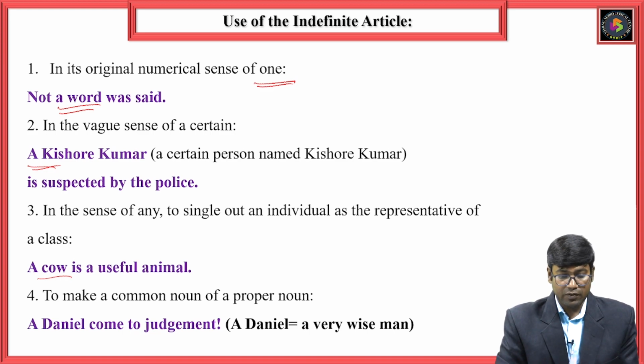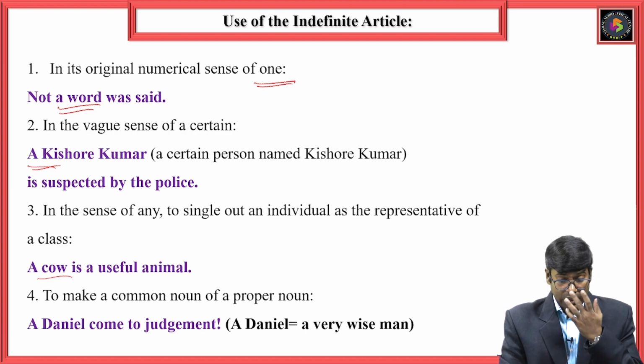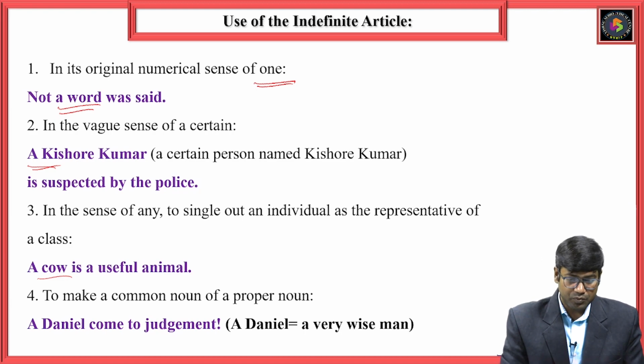The next section is very interesting: to make a common noun of a proper noun. There are some proper nouns here, which I will discuss on the next slide. For example, a Daniel come to judgment. Now, Daniel is a proper noun. We have proper nouns like Divya, Avilash, Varsha, or even Puja. All those names are proper nouns.